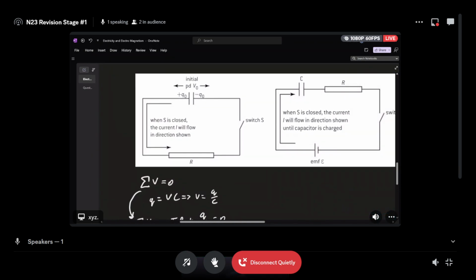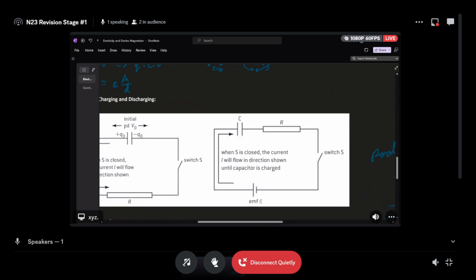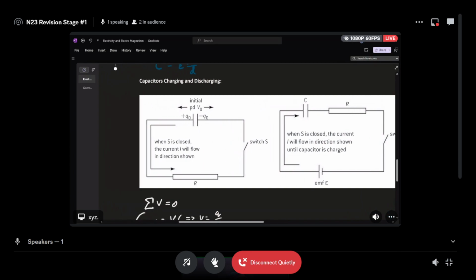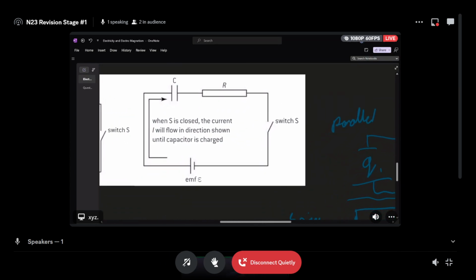So, capacitors charging. If we close this loop, current. Sorry, we're charging a capacitor. Or should we do discharging first or charging? We'll do charging first because it's good to talk about. So then, when we close the switch, we're inducing a potential difference drop from here to here.